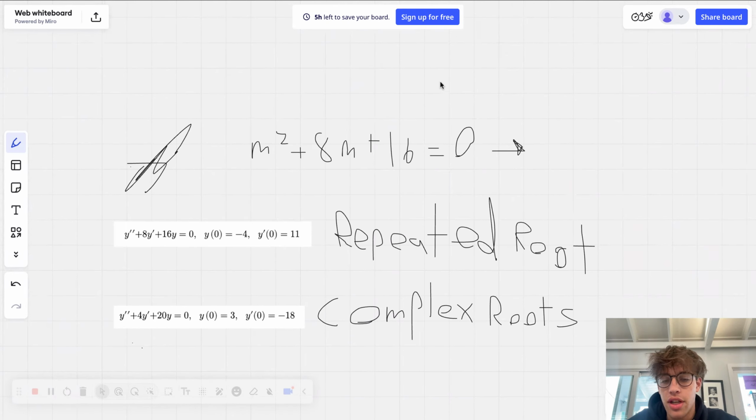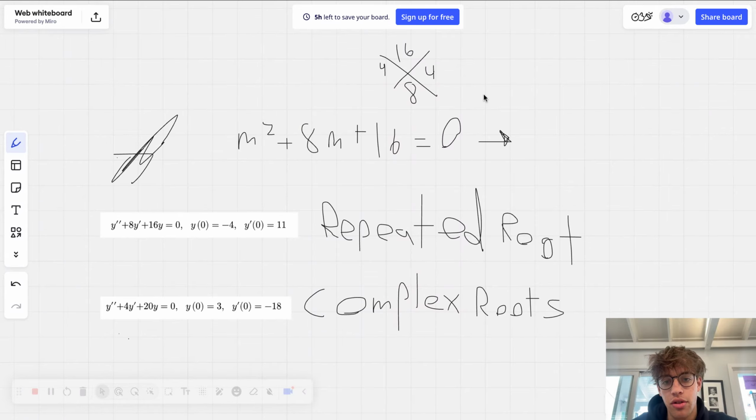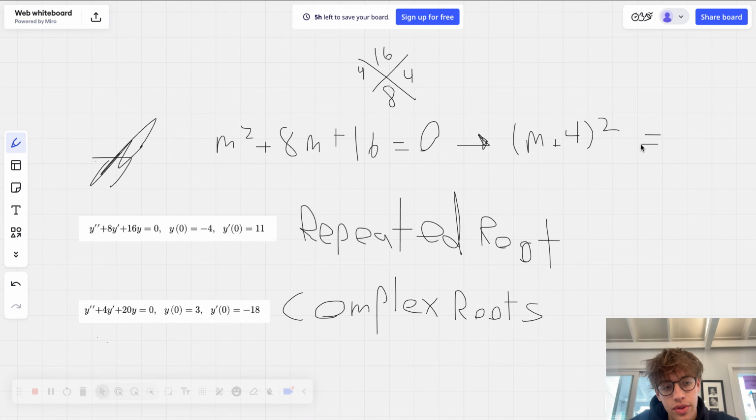Because it factors, we could do a diamond if you want to visualize or show. We get 16, and then 8 at the bottom, and then 4 and 4, because they add up to 8 and multiply to 16, so it's just a repeated root. So we get m plus 4 squared equals 0.